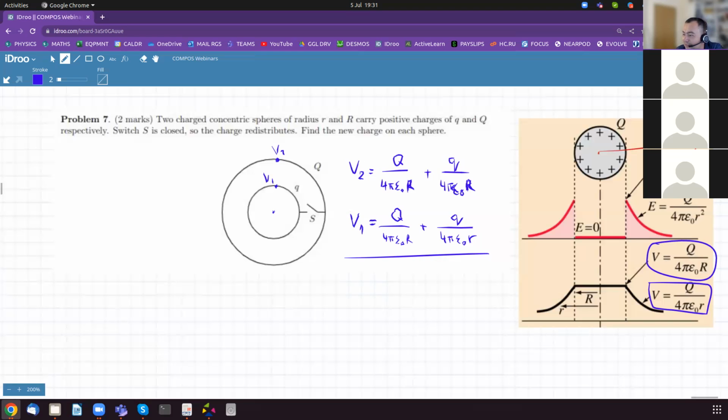Or is that a 50-50 chance? V2 is less than, of course, because the only difference between them is that small r here and the big R here. And V1 has a small r, therefore V1 is greater than V2 as long as q is not 0.